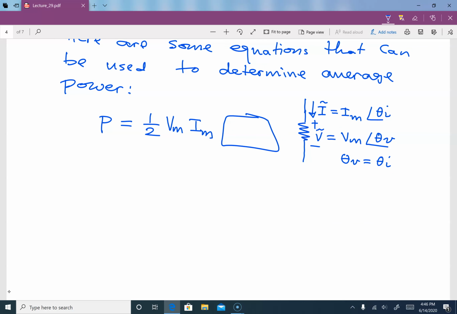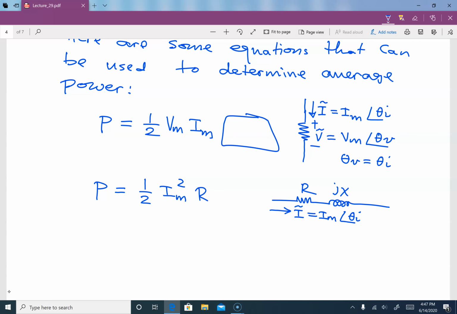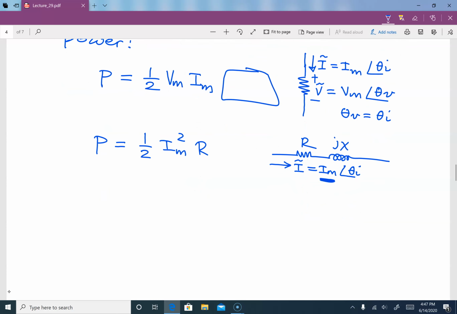Or you can use this equation, P is equal to 1/2 Im squared times R. In this case, if I have, for example, R and jX, and I know the current flowing in here, I, equal to Im with angle theta I, then if I take the magnitude of that current, square it, and multiply it by 1/2 R, I will get the average power.